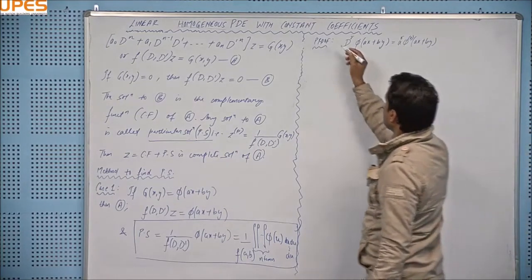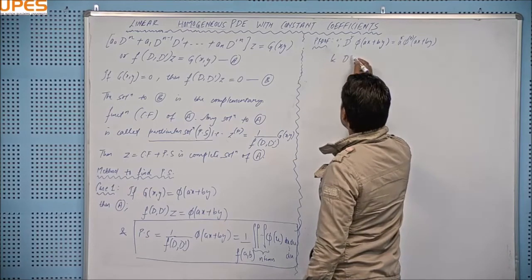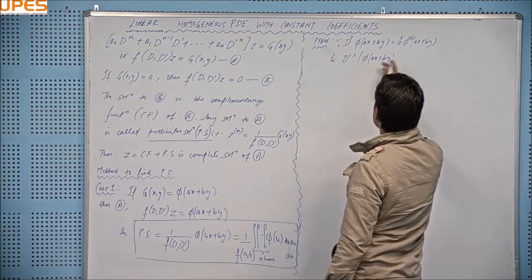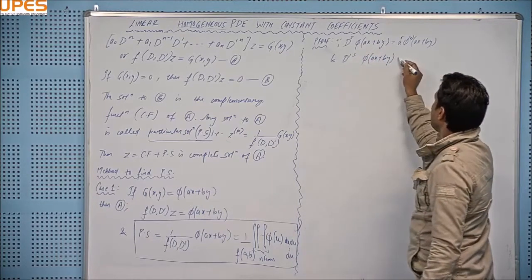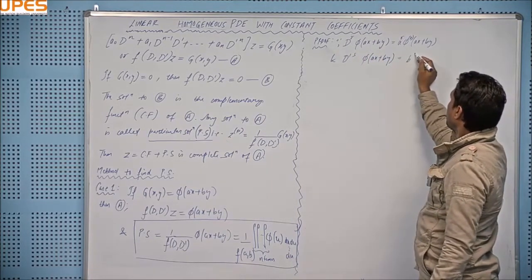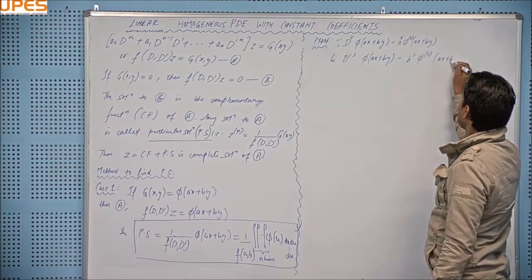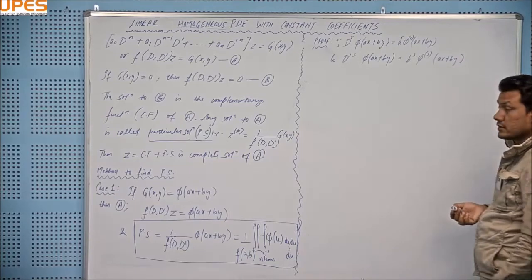Similarly, D' to the power s on phi(ax + by) will give b to the power s and the sth derivative of phi(ax + by).